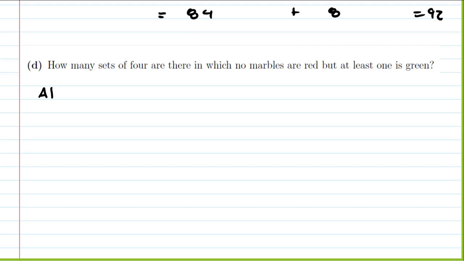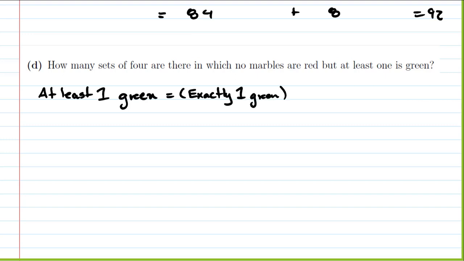So, at least 1 green is going to be exactly 1 green plus exactly 2 plus exactly 3.